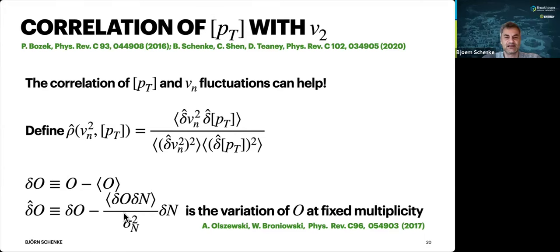The hat means I remove variations of this observable v_n or pT by removing the multiplicity fluctuations. You can also achieve this by taking very small centrality bins of like 1%, which is what the experiments are doing. So this is what has been suggested by Bozek quite a while ago as an additional observable that might carry interesting information. And indeed, it seems to be quite a powerful observable.